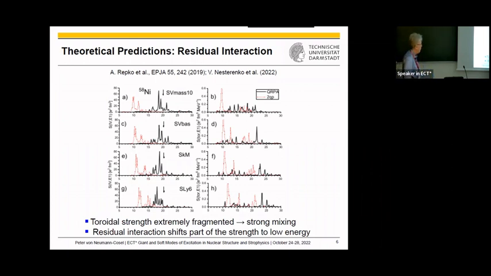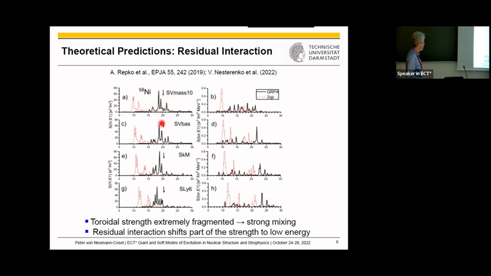This mode overlaps in energy with the other modes, the isovector dipole mode and the isoscalar compressional mode. So wherever you look, you'll probably have strong mixing. And that's maybe the reason why it's hard to find experimental signatures. Now, if you turn on the interaction, then you see that for the isovector strengths, as we know, there's a push to high energies.